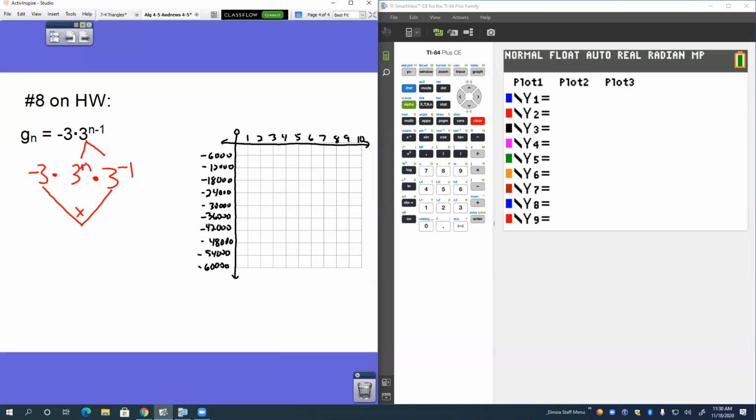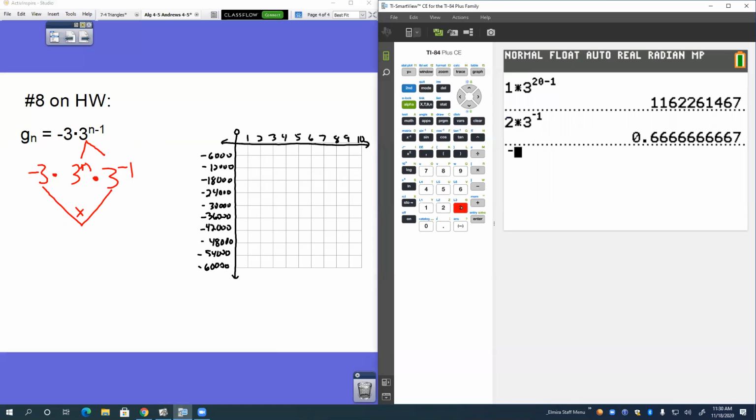So -3 times 3 to the -1st power. We would type into the calculator -3 times 3 caret button -1. When you do that, you get -1. So in f of n notation, we really have -1, that term goes first, times 3 to the n power.